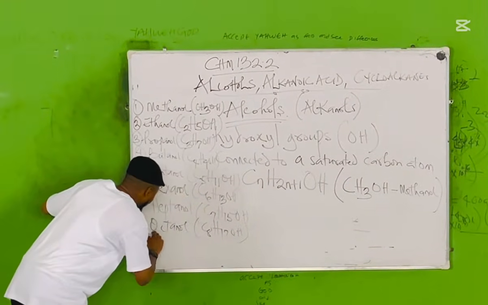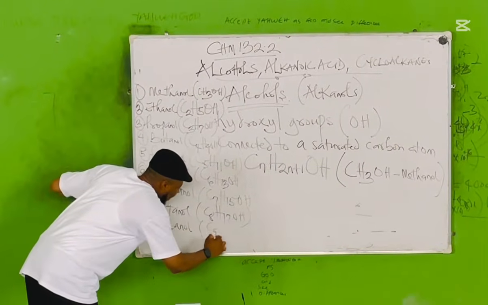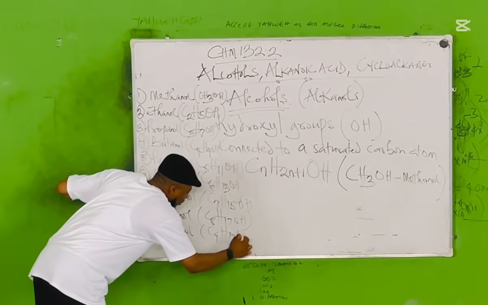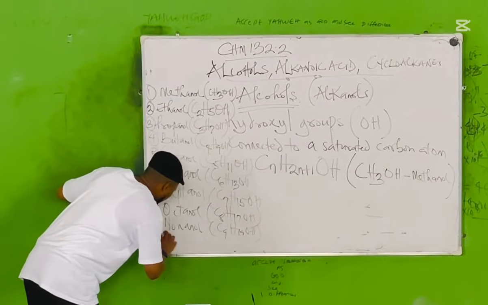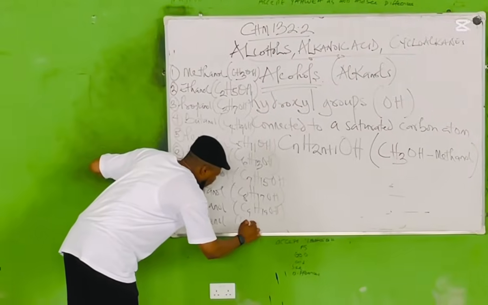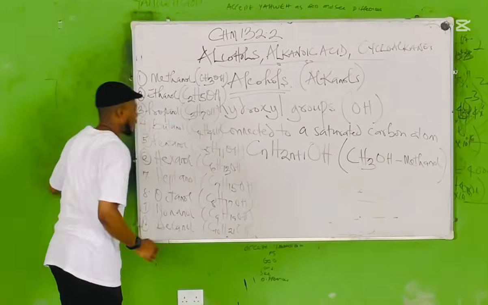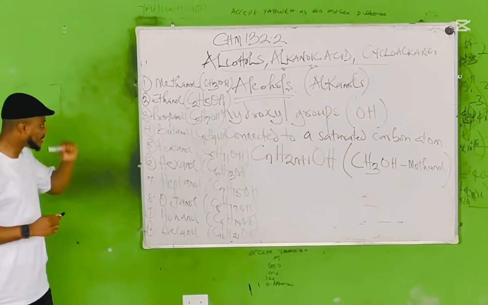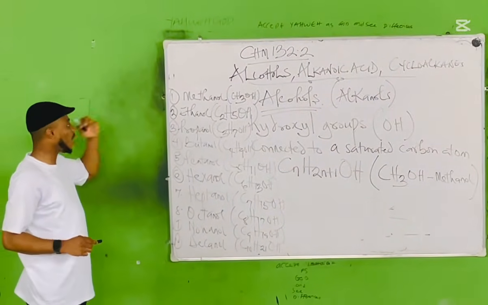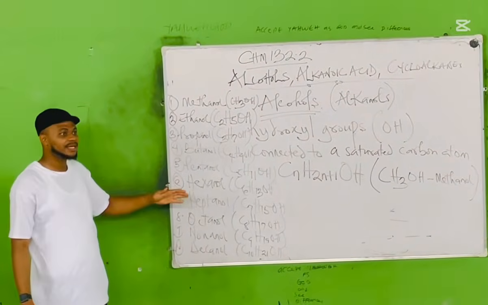Then we have nonanol, which is C9H19OH. Then lastly, decanol, we have C10H21OH.